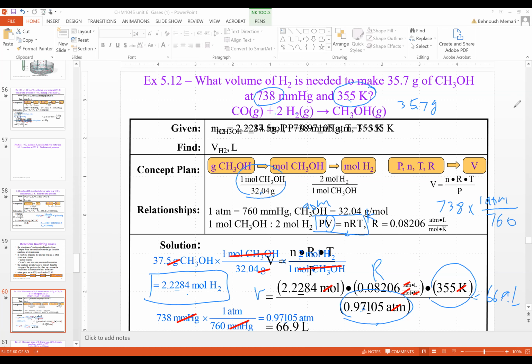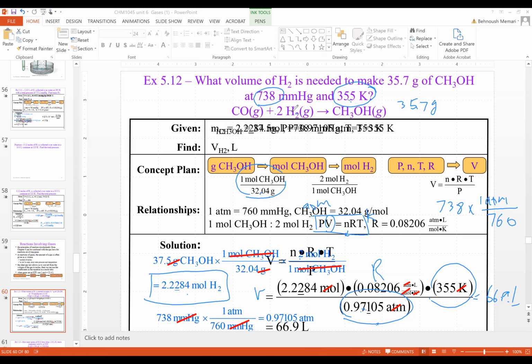So basically, the stoichiometry you learned in Unit 5 is going to follow the same approach. You start with the balanced equation. When you have the balanced equation, find the number of moles of what is given, which in this case is the mass of methanol, which you convert to moles of methanol. Then, using the balanced equation, find the number of moles of what you are looking for.